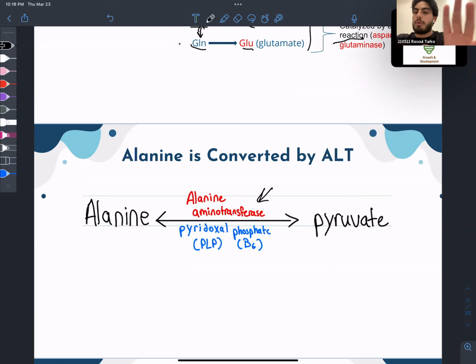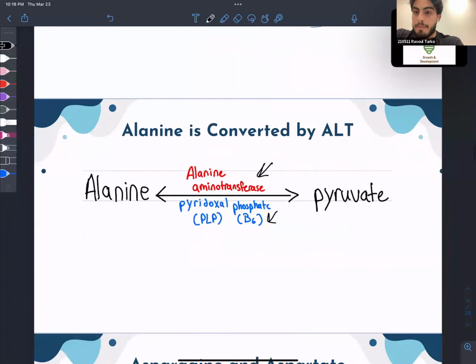I wanted you to know all the different names so they don't confuse you in the exam. An aminotransferase requires B6, which is why it's right here. From now on, if you see aminotransferase, it almost always requires B6 or PLP. So this reaction is carried out by alanine aminotransferase, and this is the cofactor.